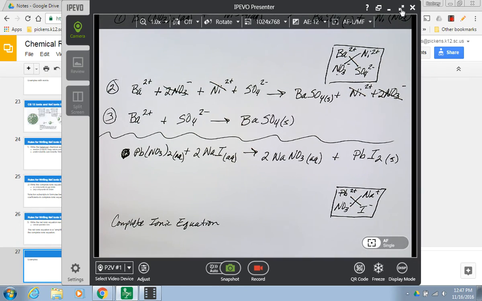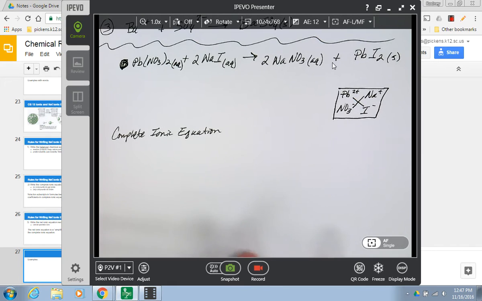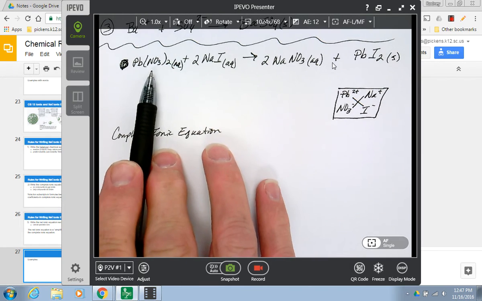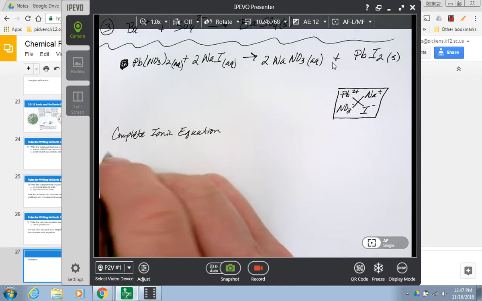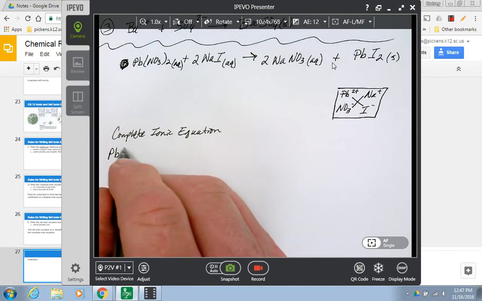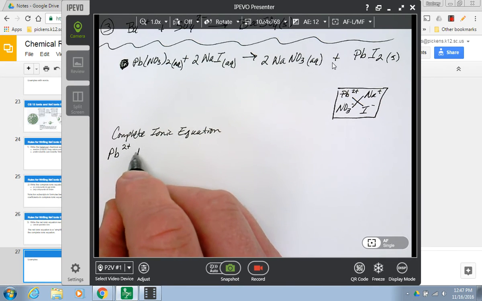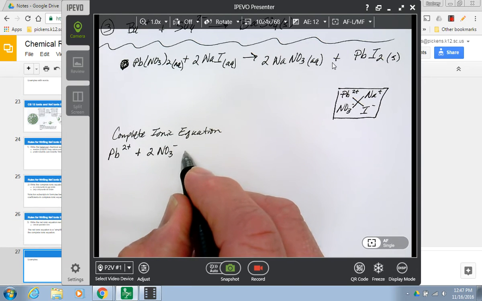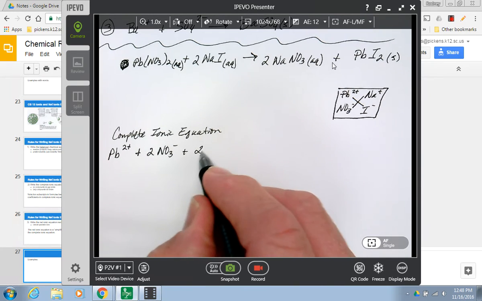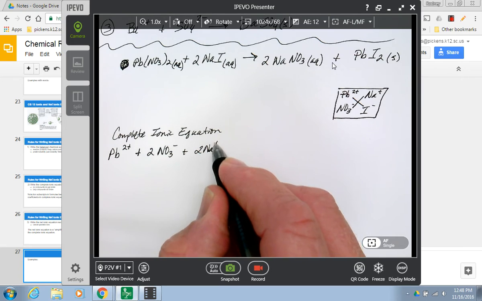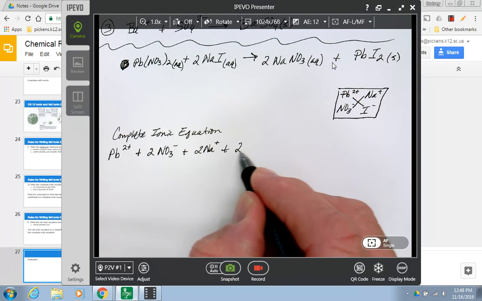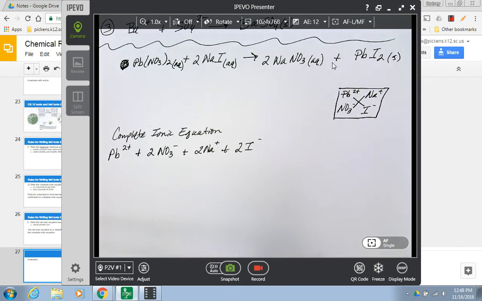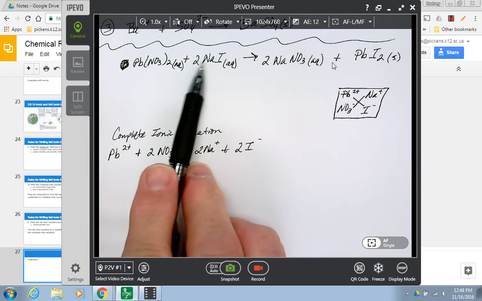Right? So let's take a look at the complete ionic equation. Everything that's aqueous gets broken down into ions. So we're going to have Pb, it is a 2 plus, 2 nitrates, okay, plus 2 sodiums, plus 2 iodide. Now, why did you say 2? Well, remember this 2 goes with everything that's in front of it.